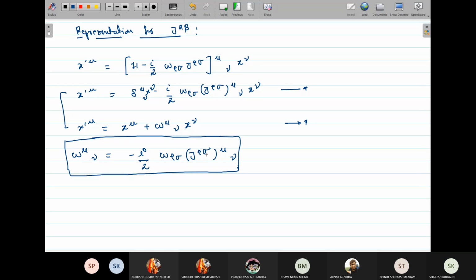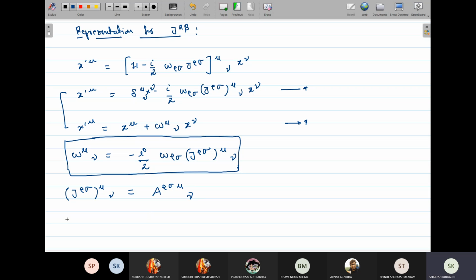So I want to obtain the explicit form for this. Let us call (J rho sigma) mu nu some object A rho sigma mu nu, and this must be antisymmetric in the first two indices, rho sigma.